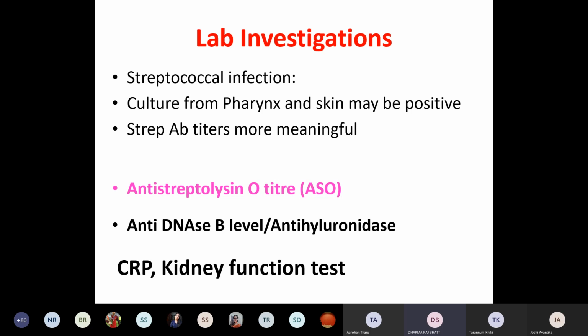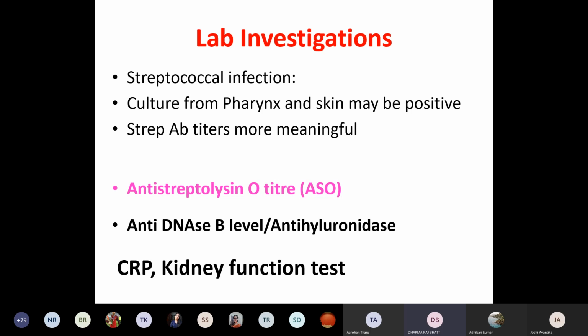More than 200 international units. So anti-streptolysin O is one of the important serological markers for diagnosing PSGN, as well as the other complication caused by this organism, rheumatic fever.